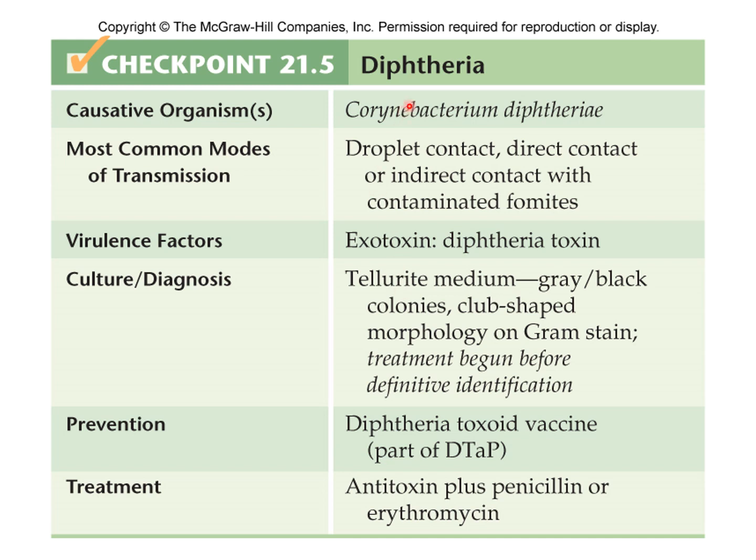Diphtheria is caused by Corynebacterium diphtheriae, which is transmitted via droplet contact, direct contact, or indirect contact using contaminated fomites. And what do we mean by fomites? Fomites are the personal belongings of the patient, like his mug, toothbrush, towels.